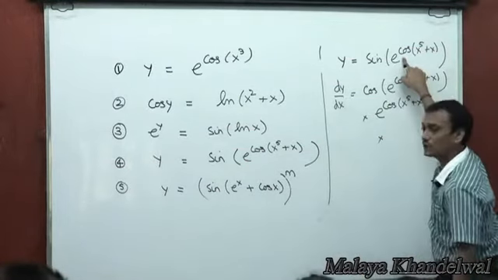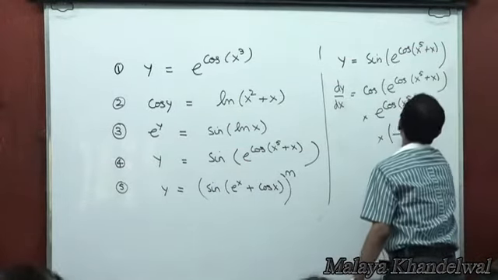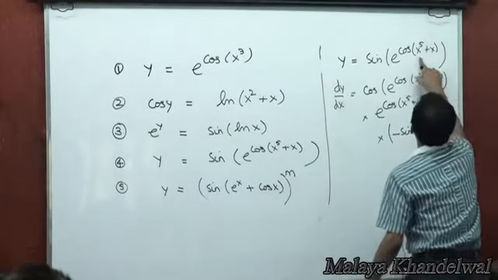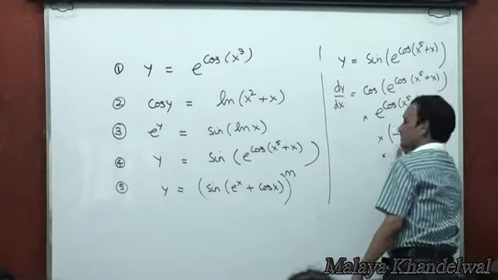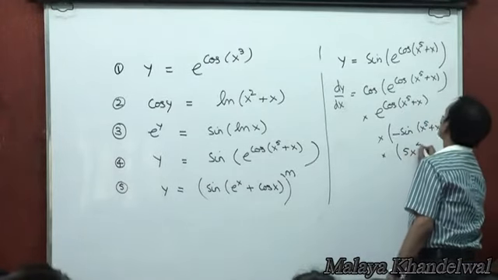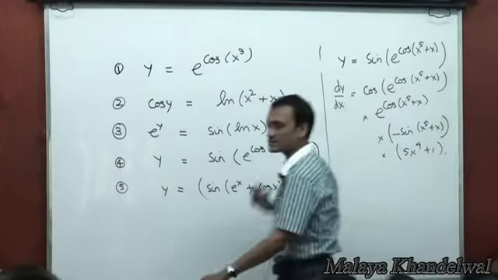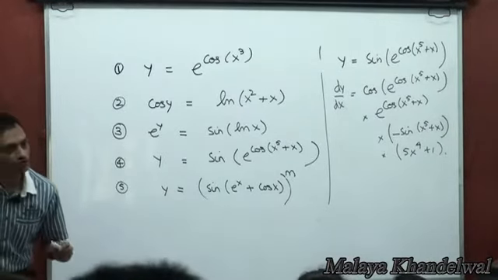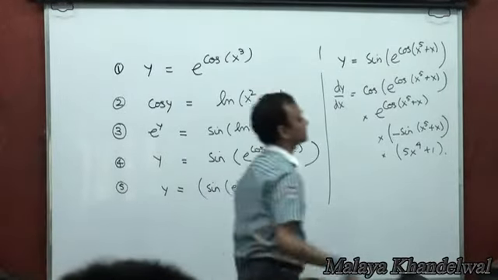Cos will give me minus sine. And x power 5 plus x is going to give me plus 1. Absolutely. That's dy dx. We've all got it right? Good.